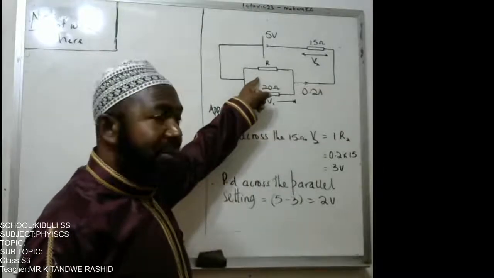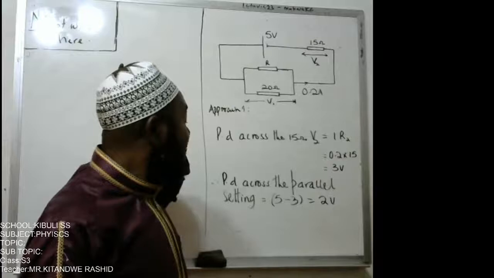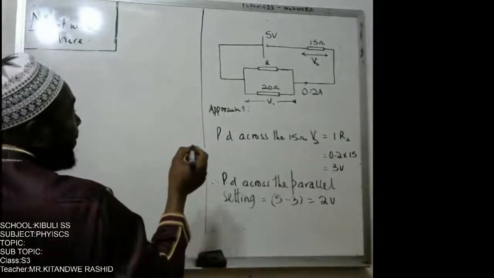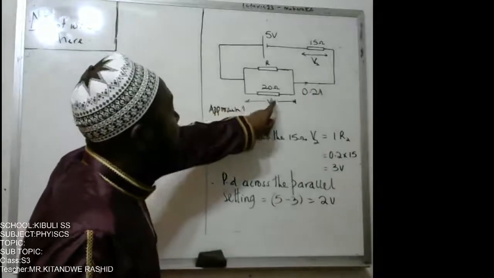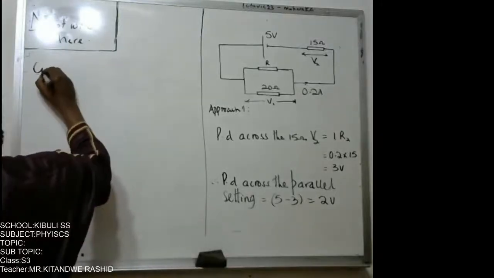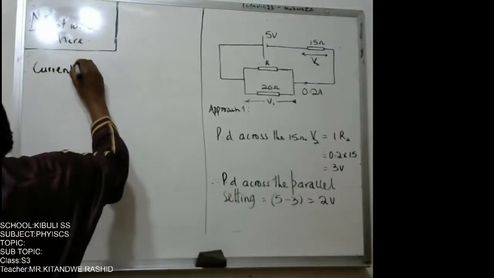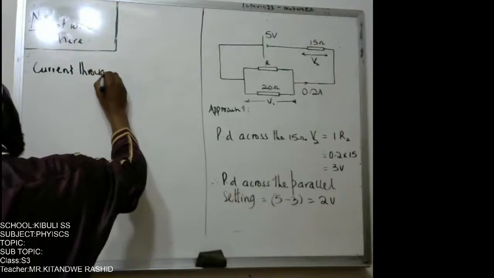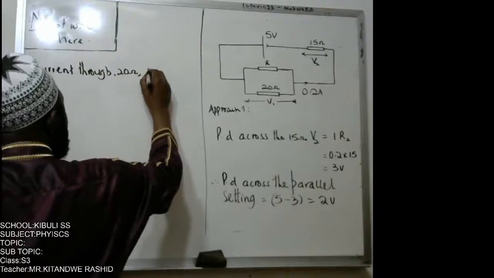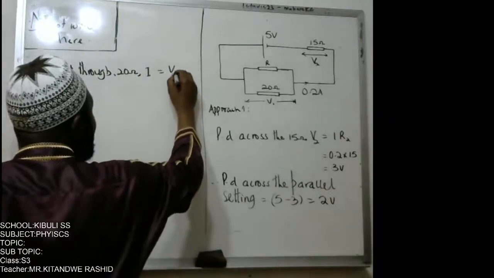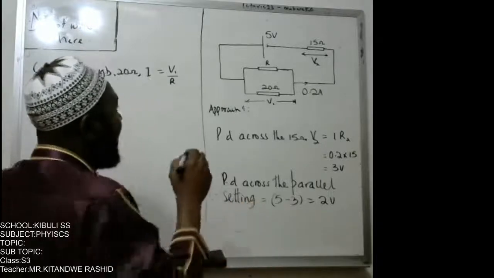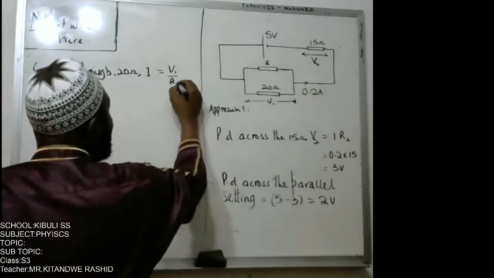So now we can say that the current through the 20 ohm is going to be equal to V1 over R20.